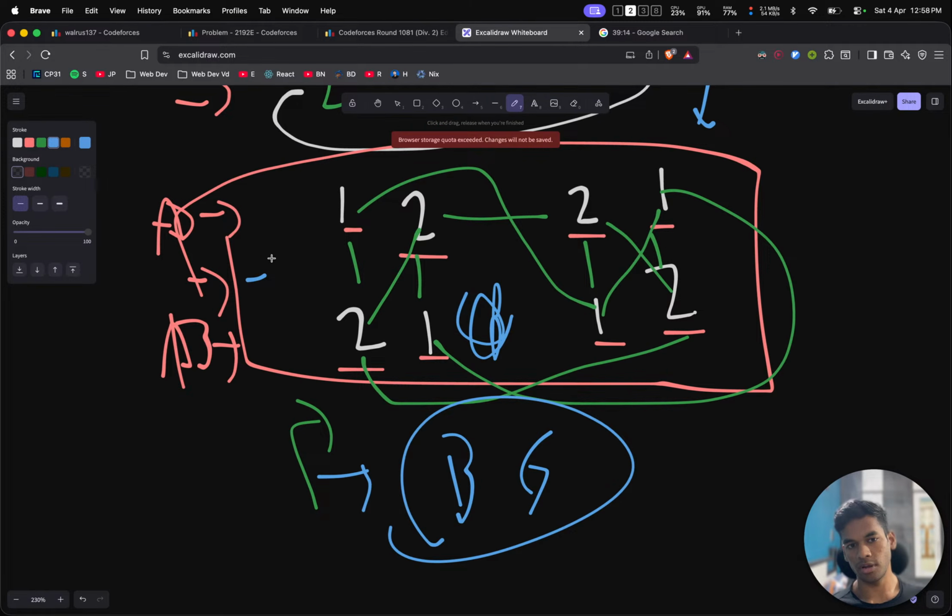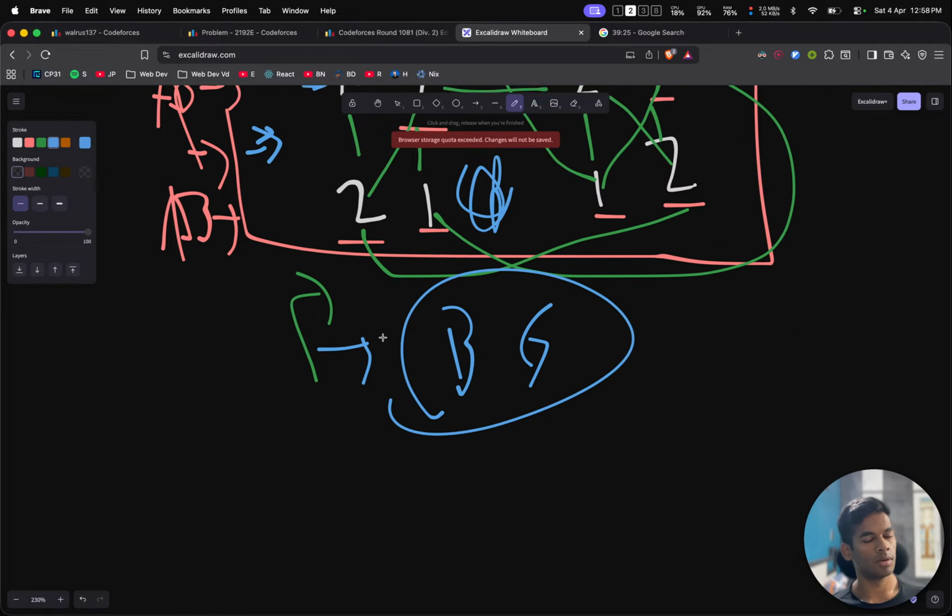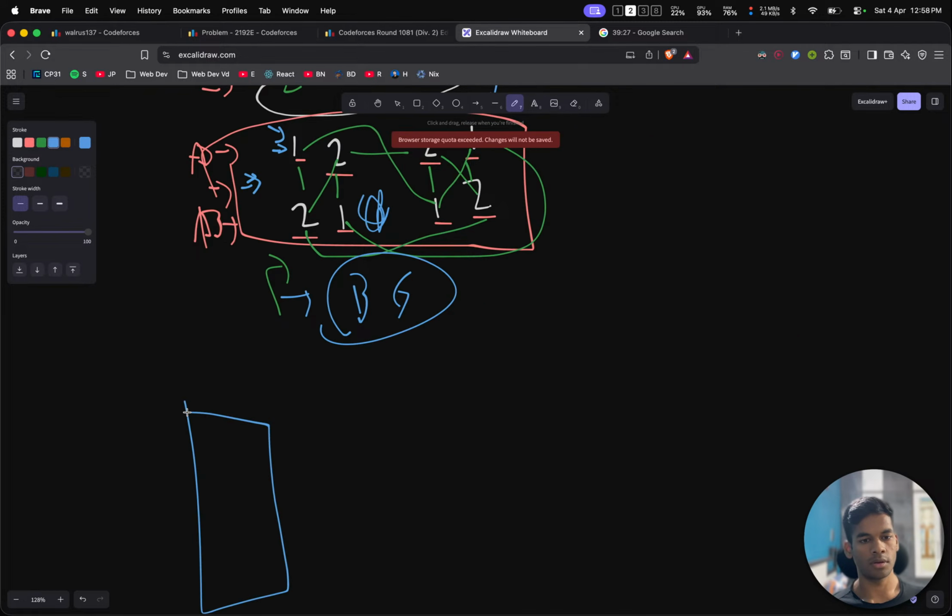If you put this, you have to, yes, forget everything else. Let's say you have two buckets, bucket A and B, and you have pairs.